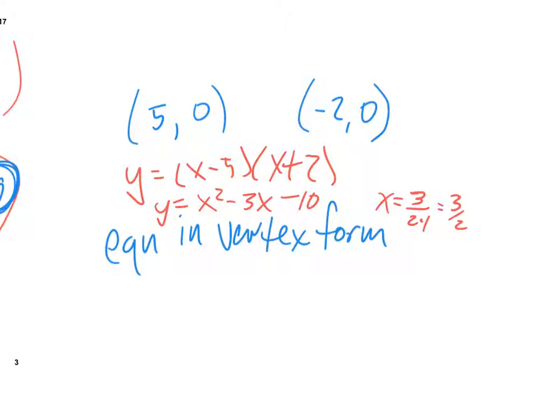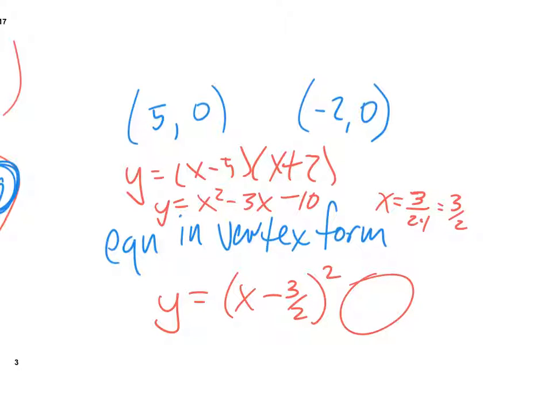Now that's a bit of a pain. How many got 3 over 2? Raise your hand if you did. Okay, good. I can tell the beginning of vertex form then. It's x minus 3 over 2 squared, and then I just don't know what this number is on the outside. How do I get that number? Yes, plug it in to the equation. And you can pick either form of the equation.